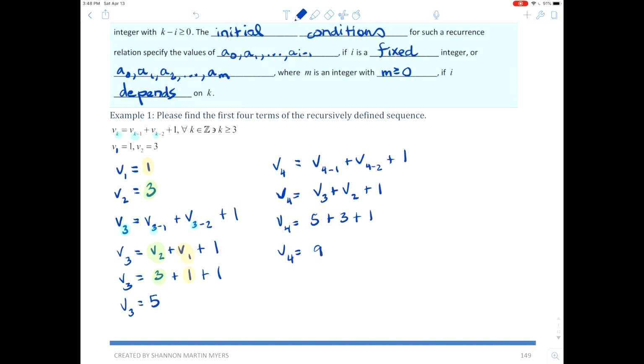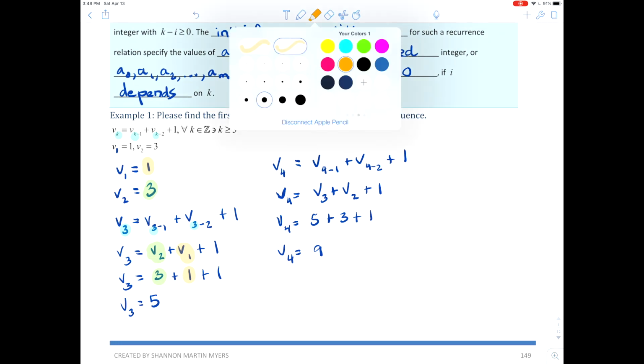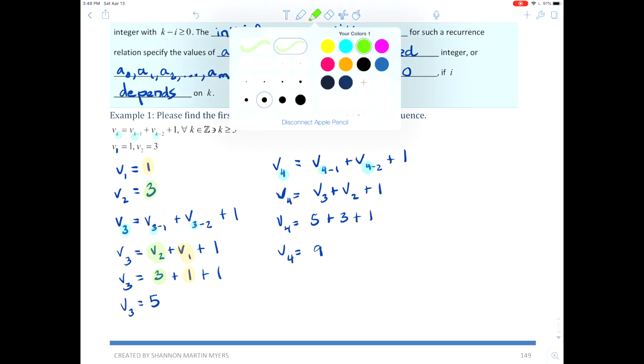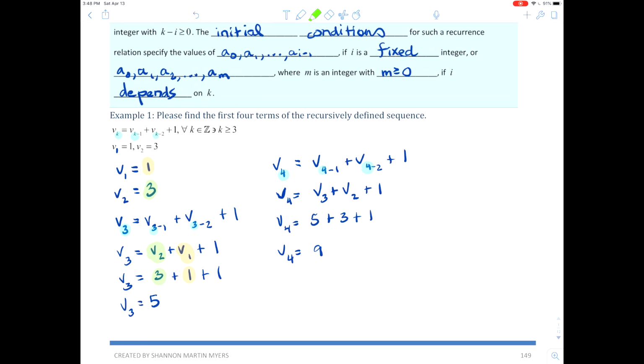Cool, cool? All right, so just to match up what we did here, wherever there was a k, we plugged in a 4. And then remember that V2 was 3. That's where we got that information.